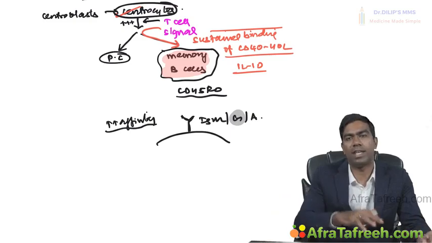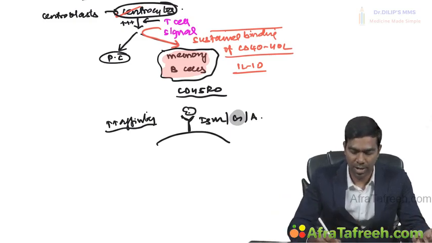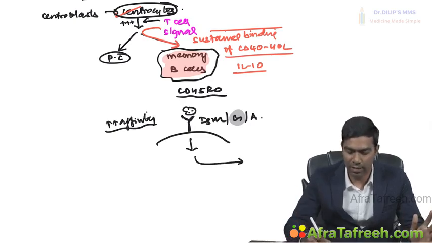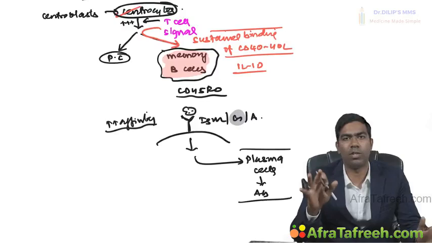The next time if the same antigen comes and is exposed, there is no need for centroblast and centrocyte activation and all. Straight away they become plasma cells and start secreting antibodies, which means the response is going to be extremely quick. I told you, the first time the antigen comes you need all this process: T-dependent activation, both cells shaking hands at the cortex paracortex area, creating a germinal center reaction where centroblasts go for somatic hypermutation, then get selected and become centrocytes.